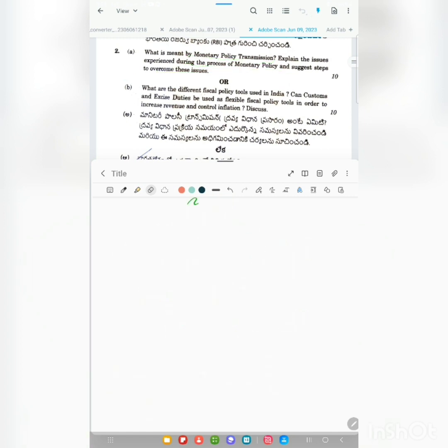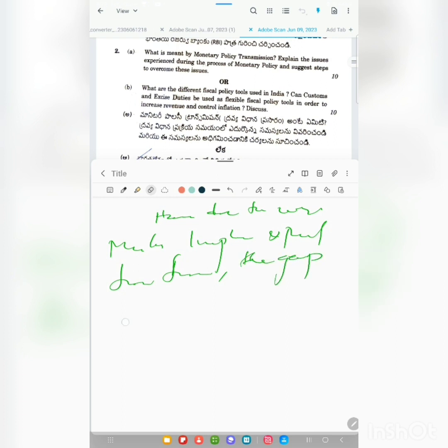Second, however, due to various reasons, there is a huge gap between monetary policy formulation, policy implementation and policy impact.